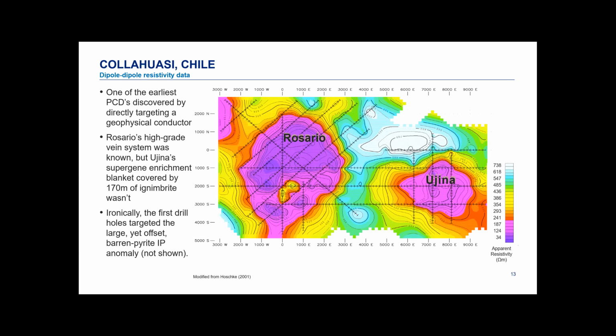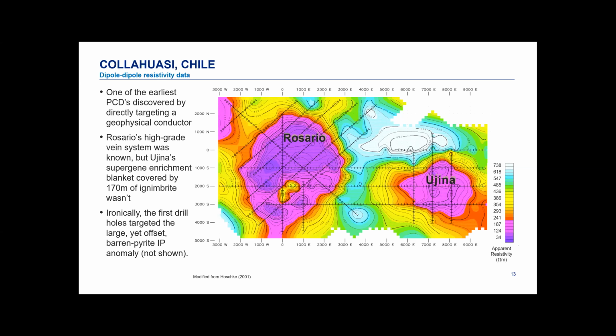Someone decided to run an IP resistivity survey, and there are the lines. So we got this amazing resistivity blob over Ujina, but at the time, I don't think people really appreciated that you could have these enrichment blankets. I don't show it, but the accompanying IP chargeability plot has a high around the edge of the resistivity.